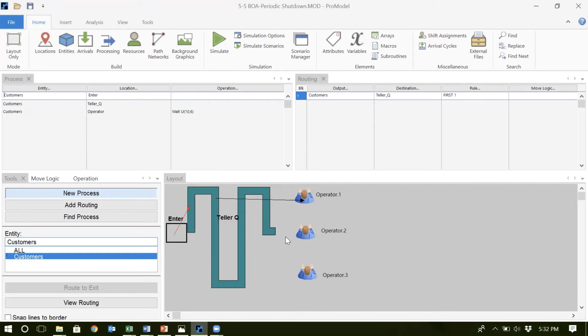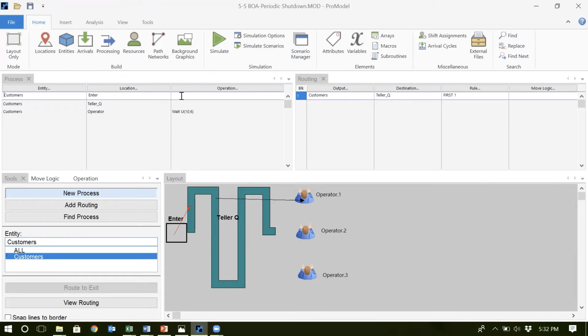However, this is not the case here. We know that there are specific hours in the day or during the simulation time that I do not want to let customers go to the queue. So customers get to the entrance, but I do not want to let them go to the queue, because once they get to the queue and to the operators, that feels like they are in the system, they are in the bank getting the service. However, I don't want that to happen.